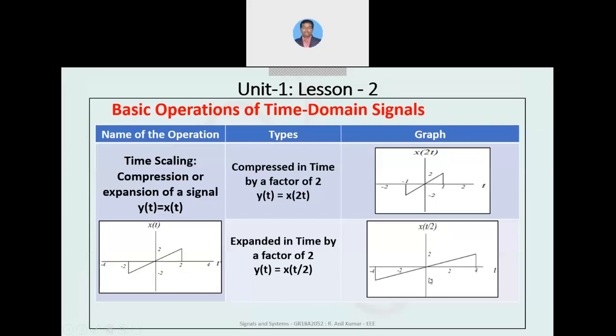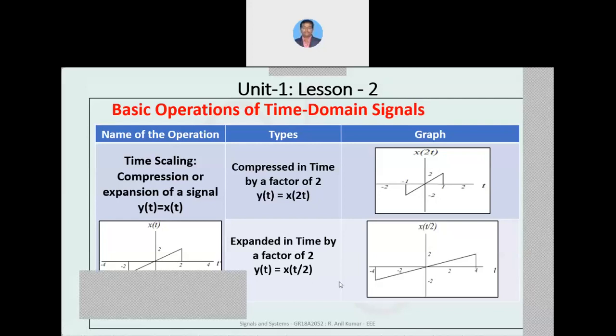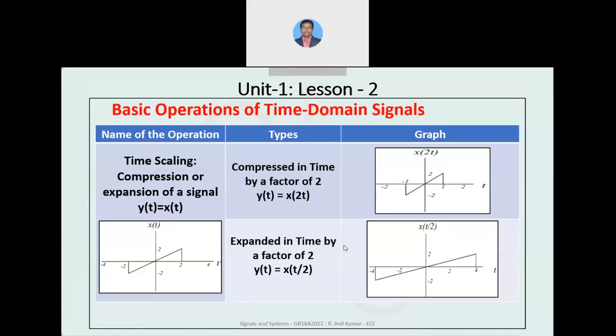As you can see from the graphs, for a time multiplication factor of 2, it is compressed. If the multiplication factor is a fraction, it will be expanded. Just remember that if the multiplication factor is more than 1, the time value will be reduced, and if the multiplication factor is less than 1, the signal will be expanded. Okay, that is about lesson 2.